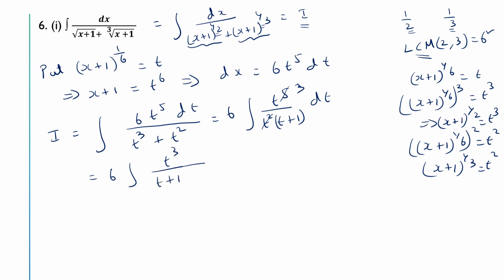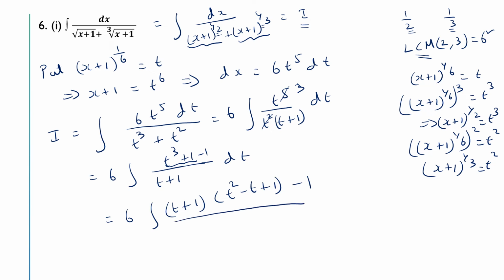Here let us add and subtract 1 and let us simplify. So this is equal to 6 into integral. Here t cube plus 1 we can write it as t plus 1 into t square minus t plus 1, since a cube plus b cube is a plus b into a square minus ab plus b square. So it is t plus 1 into t square minus t plus 1, then minus 1 divided by t plus 1 into dt.